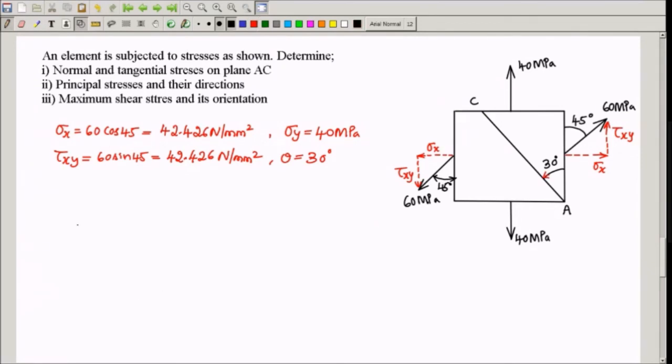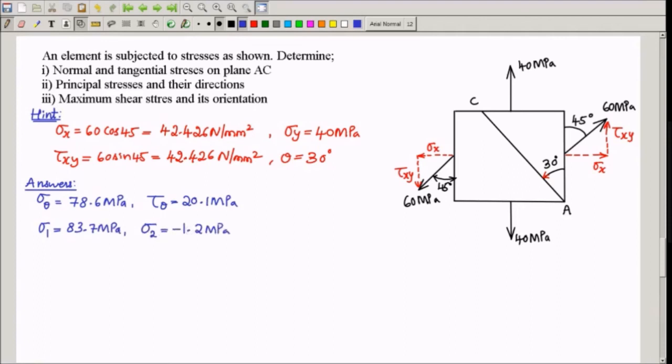I want you to do this. Answers also I'll give. Now the answers you should get: sigma theta as 78.6 MPa, tau theta as 20.1 MPa, sigma 1 as 83.7, and sigma 2 as 1.2 MPa.